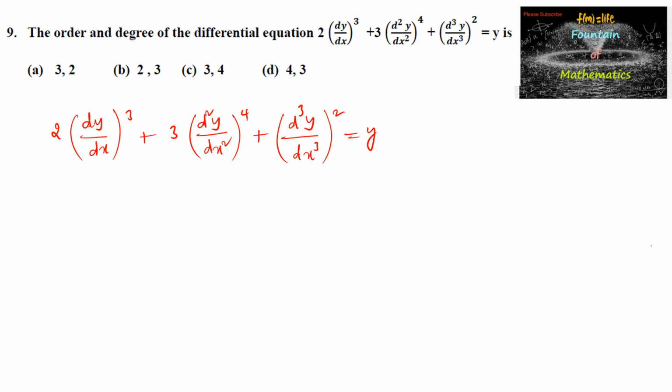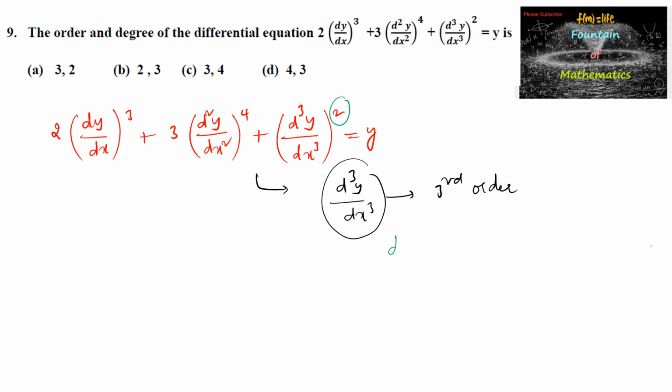So here the highest order, meaning the highest derivative order, is d cube y by dx cube, where we can say this is third order, and the power of this highest order is 2. We can say the degree is 2. So the given differential equation is having highest order 3 and the power of the highest order is 2. So 3 comma 2. Order is 3, degree is 2. First option.